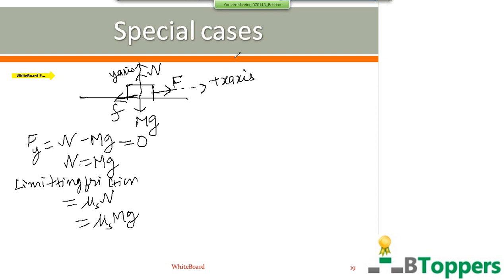I mean the horizontal force applied to the block is equal to the least horizontal force needed to start it moving. And let us suppose the same force is maintained even after the block starts moving on the floor. Once the block starts moving on the floor, the friction force on the block during motion along the floor will be denoted by Fk, which we call kinetic friction.